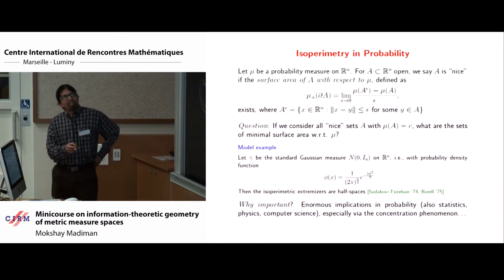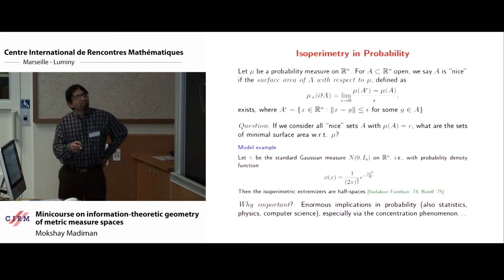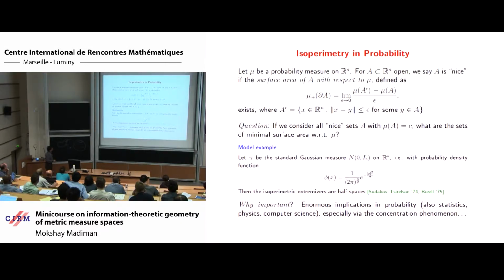But now I'm measuring not the rate at which the volume increases, but the rate at which the measure of the fattening increases. So that's why it's with respect to mu. And then once again, we can ask, if we consider all sets with measure C, what are the sets of minimal surface area with respect to mu?